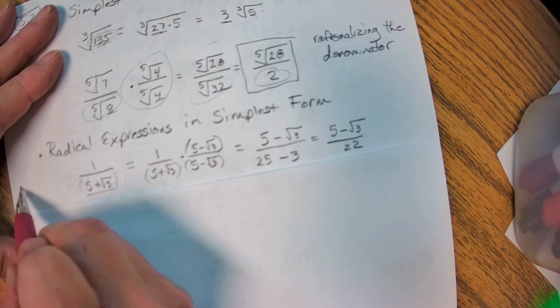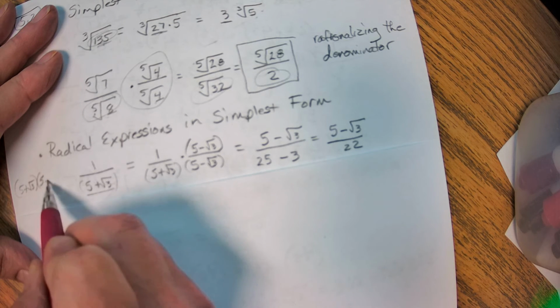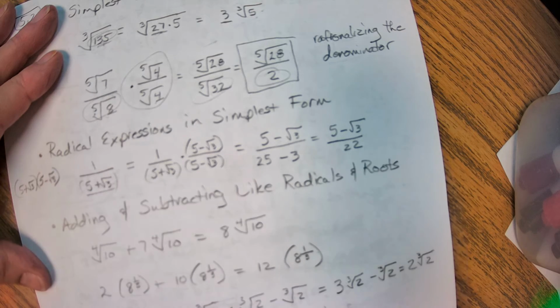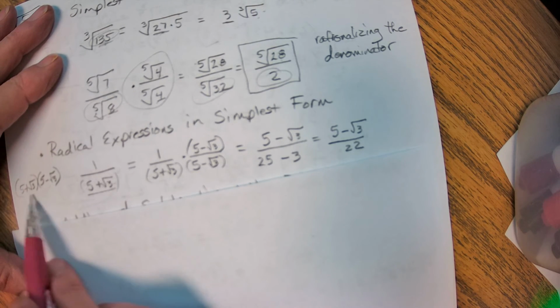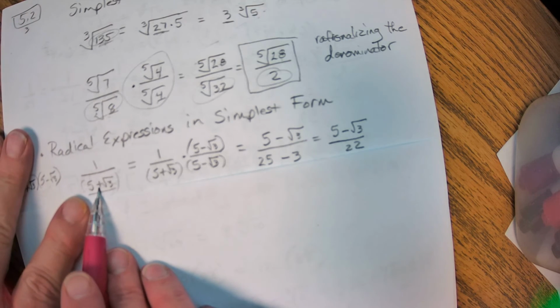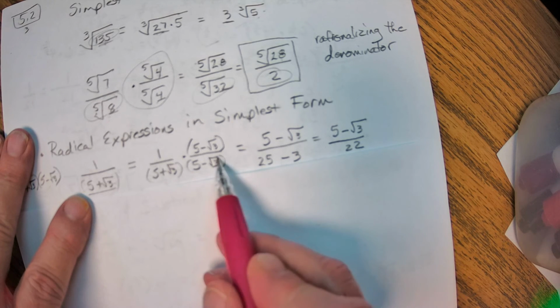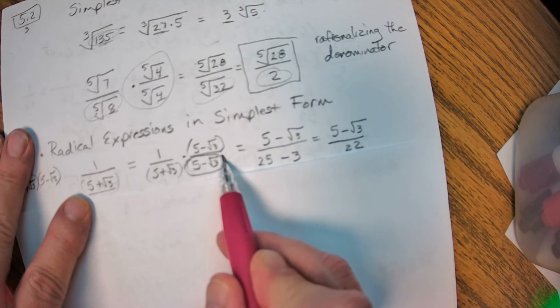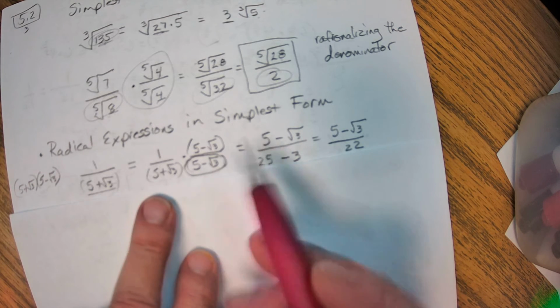Remember that if 5 plus the square root of 3 was a factor of my function, then 5 minus the square root of 3 was going to be too. Those are called conjugates, conjugate pairs. So you're just going to multiply this by its conjugate pair, which is this right here, 5 minus the square root of 3. And I'll show you why.